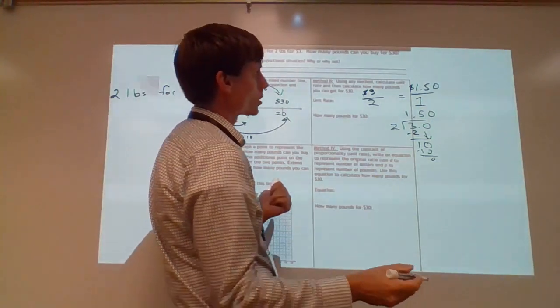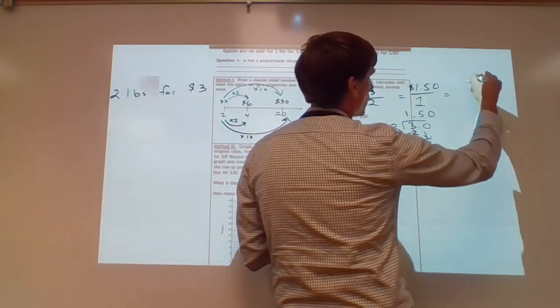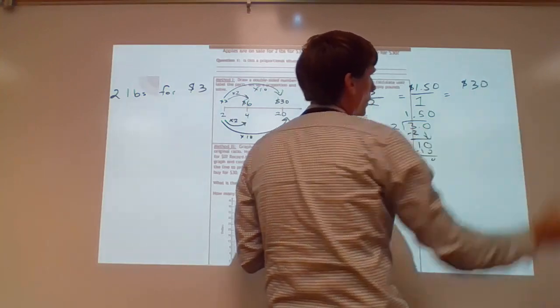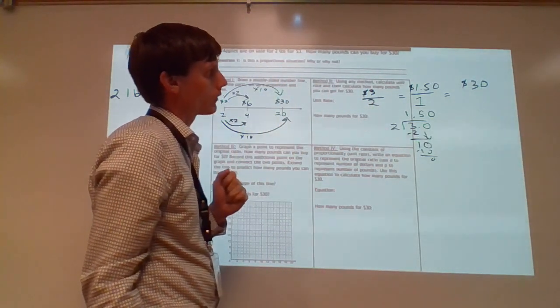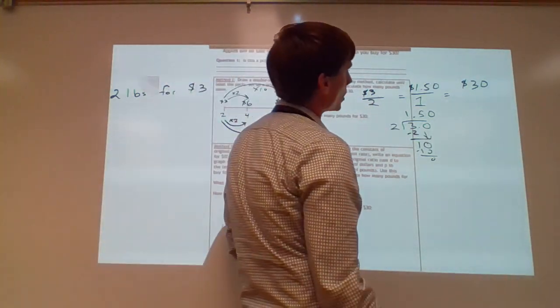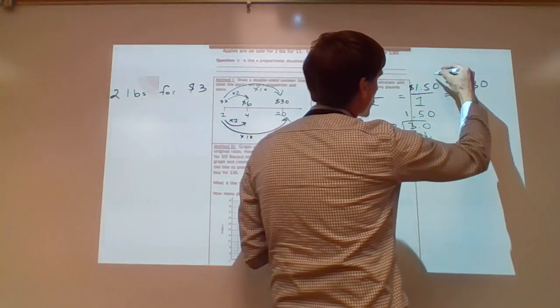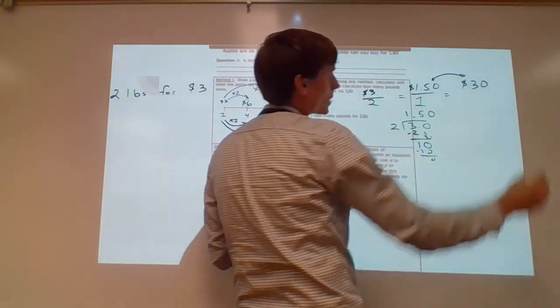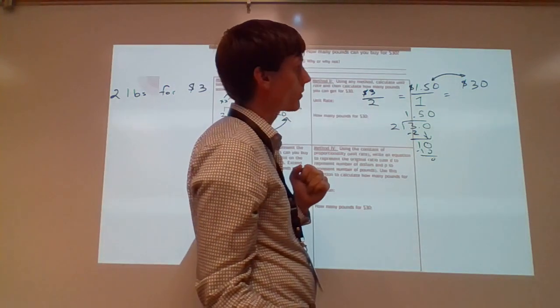We're trying to get it for $30. We can do it a couple different ways. Keeping our equivalent ratios, we're trying to figure out what it is for 30. You could ask what times that would give us 30, which is kind of hard to know off the top of your head.